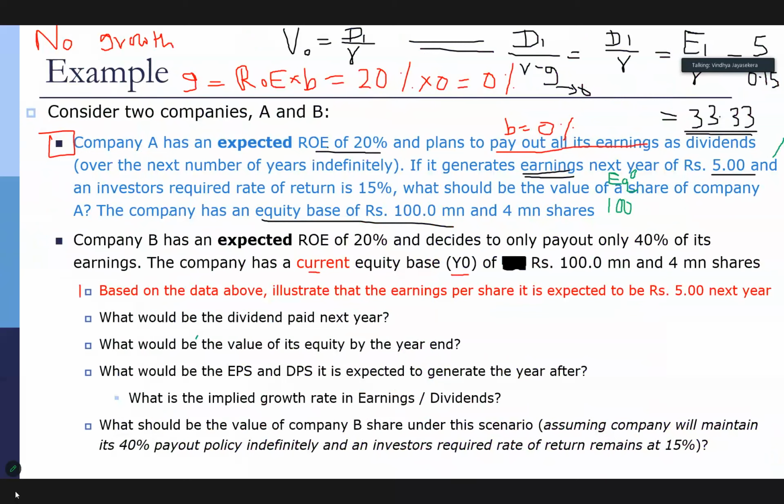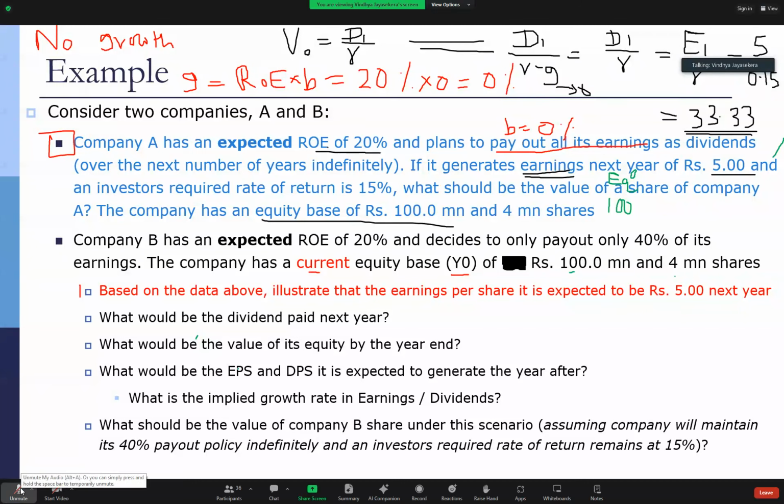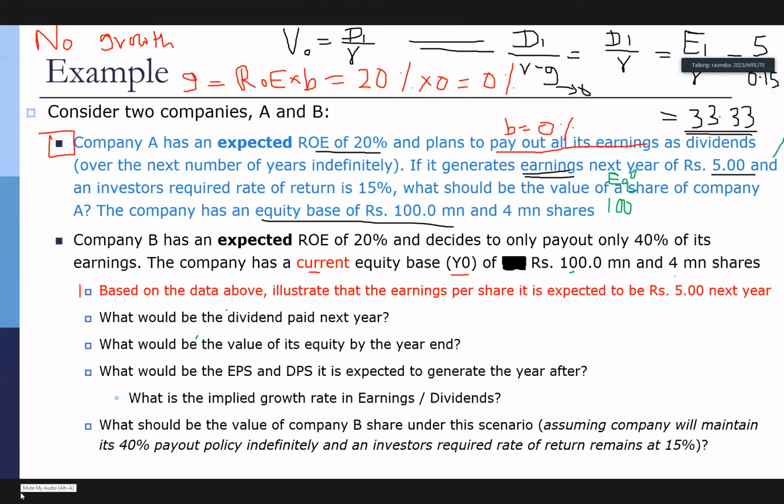Now we have company B. Again, same equity base, so the two companies are similar. The only difference is company B pays out part of its earnings as dividends. This is your equity, not initial investment.